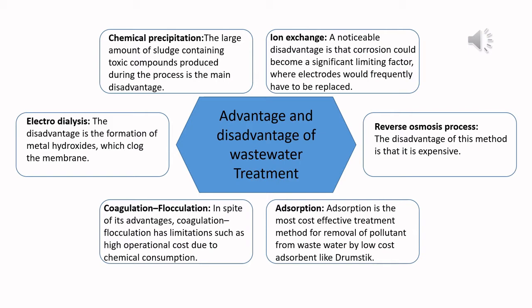Reverse osmosis process. The disadvantage of this method is that it is very expensive. Coagulation flocculation. In spite of its advantages, coagulation flocculation has a limitation of high operational cost due to chemical consumption. But adsorption is the most cost-effective treatment method for removal of pollutants from wastewater by low-cost adsorbents like Moringa or drumstick.